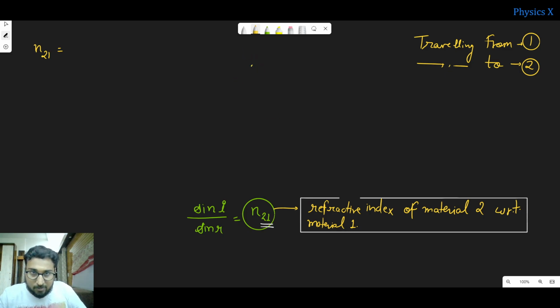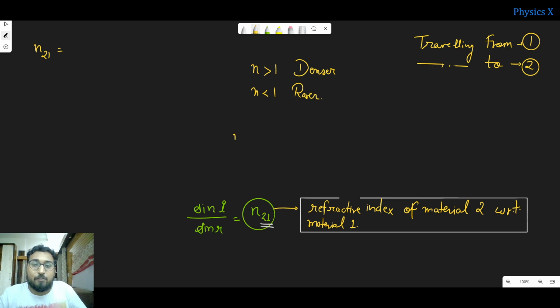Refractive index marks which material is rarer or denser. If n is greater than 1, it is a denser medium; n less than 1, it is a rarer medium. Denser with respect to what? And this is rarer.